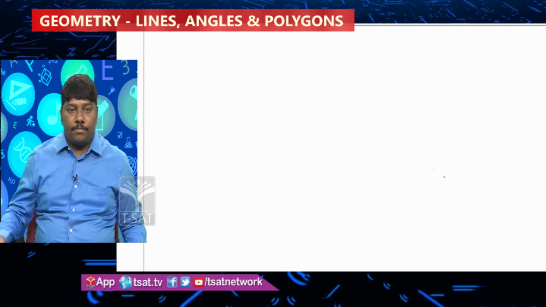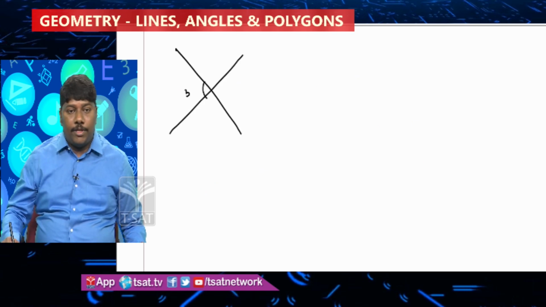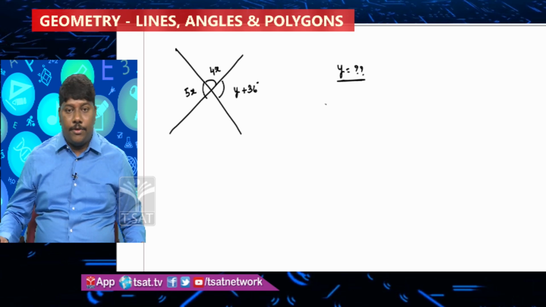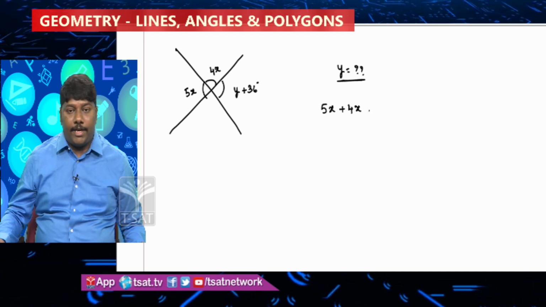Suppose a question is asked based on this. This one is 5x, this angle is 4x, and this angle is y plus 36. If I ask you what is angle y, y in terms of degrees, from this you can say 5x and 4x form a linear pair, which means it forms a straight line.